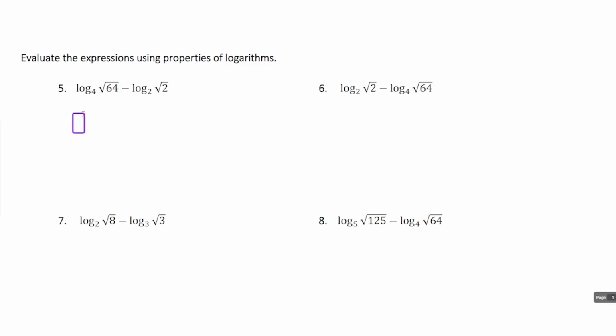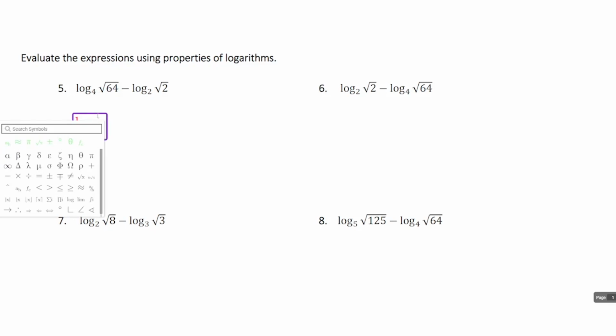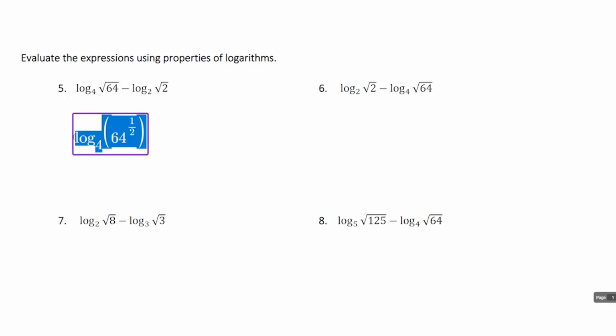So for this first one, we've got log base 4 of, and what I'm going to do here is rewrite this as 64 to the 1/2 power. Whenever you take the square root of something, it is equivalent to raising it to the 1/2 power. And the reason I want to rewrite that is so that I can apply the power property and simplify this a little easier.